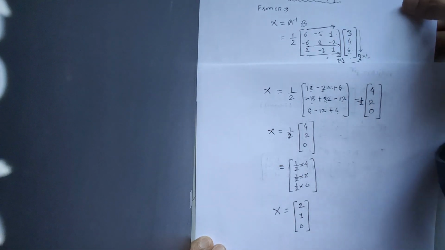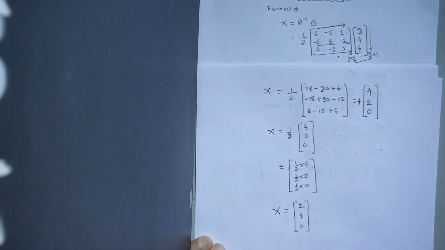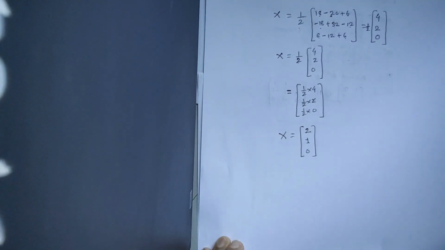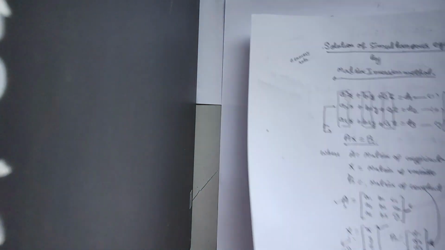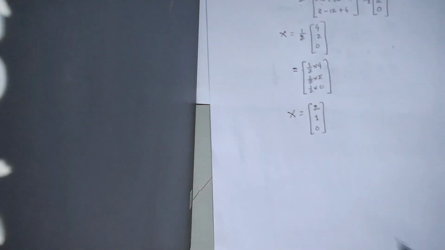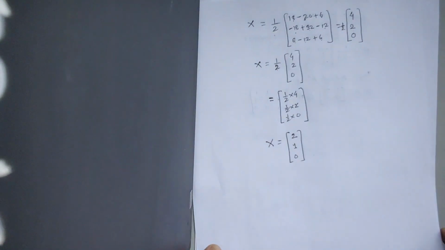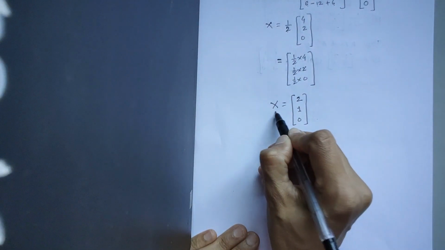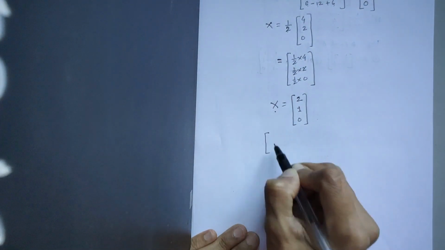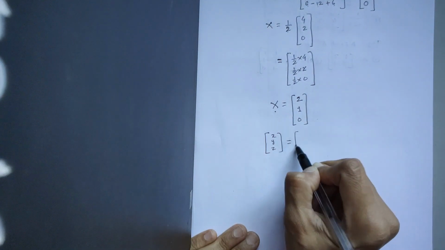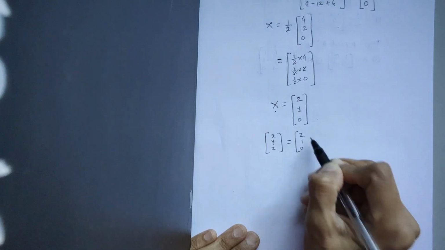The X matrix is the matrix of unknowns, X, Y and Z, whatever unknowns you have. So I am just substituting the value here: X, Y, Z equal to 2, 1, 0.